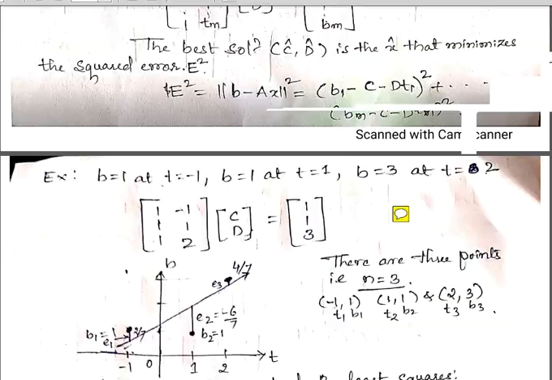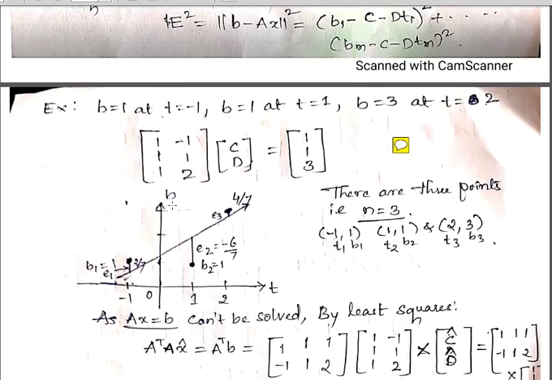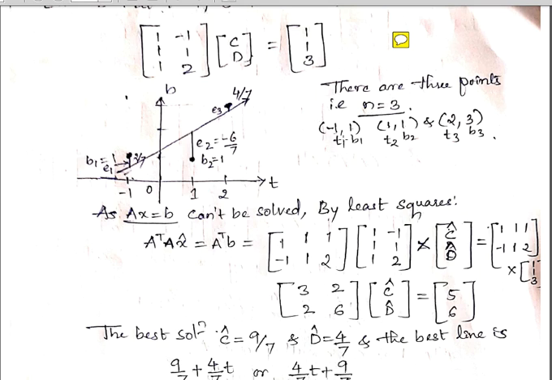So let's draw the x and y two-dimensional system, wherein the horizontal axis is T and the vertical one is B, and let's represent these 3 points. The three points are (-1, 1), (1, 1) and (2, 3).